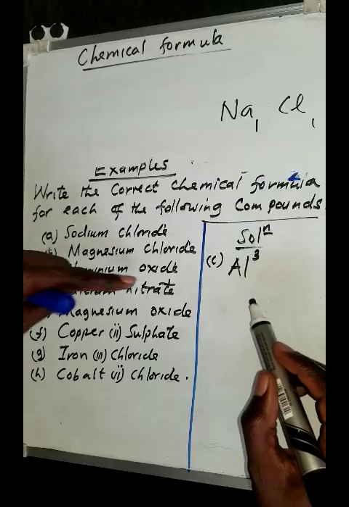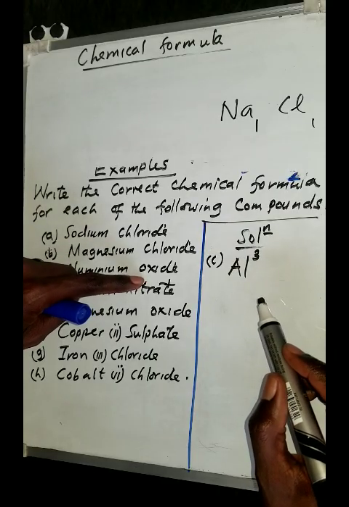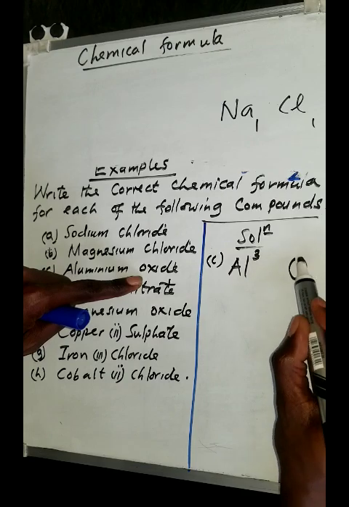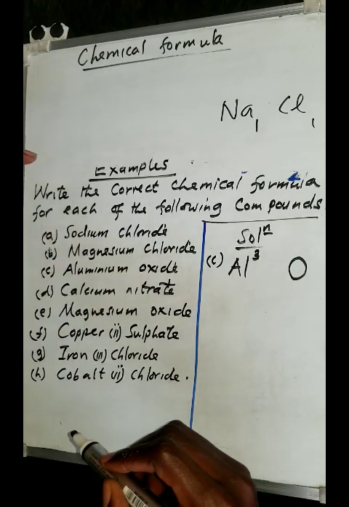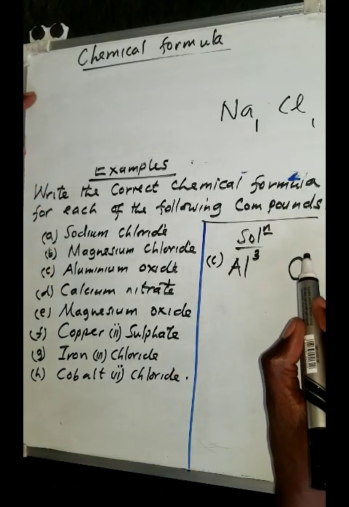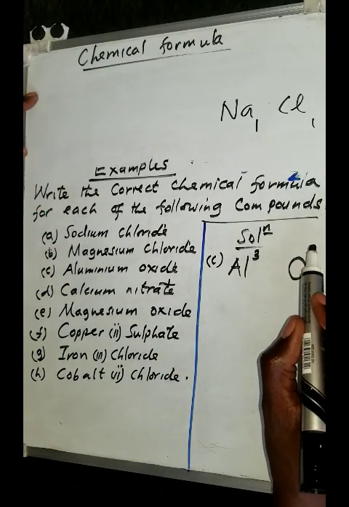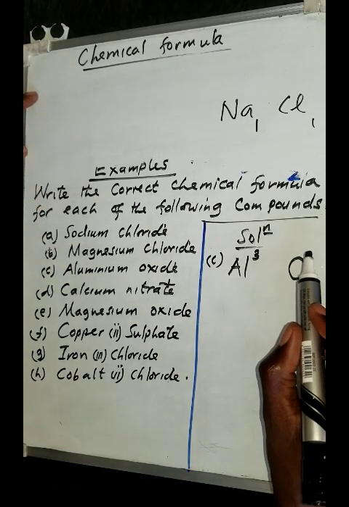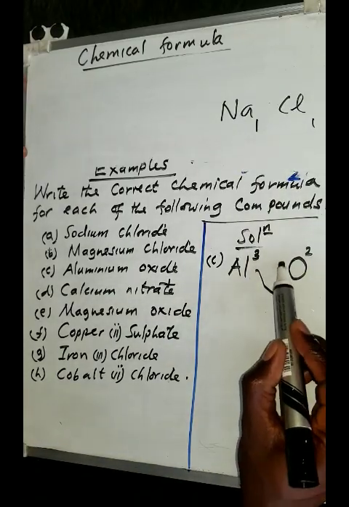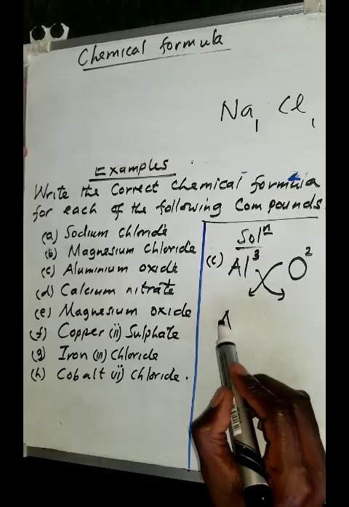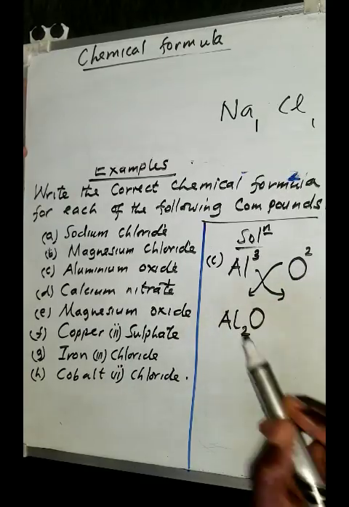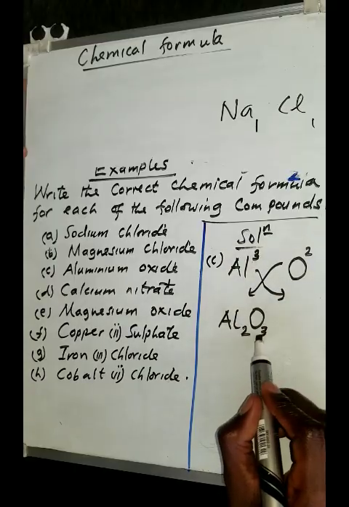Oxide is oxygen that has reacted, the element capital O. Oxygen is found in group 6 of the periodic table, and therefore has a valence of 2. When you exchange the valences, it is going to be Al with the 2 coming down, as close as possible, and the 3 attached to the oxygen.